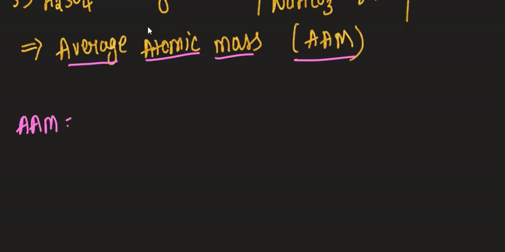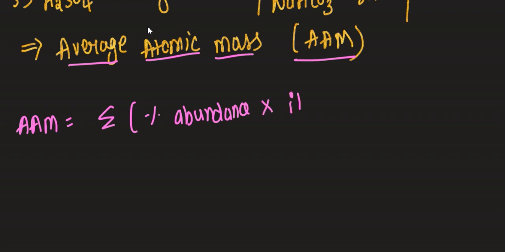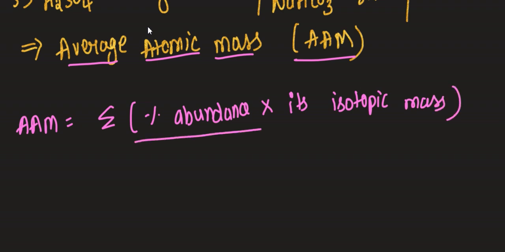Average atomic mass is the summation of percentage of abundance into its isotopic mass, whole divided by 100.